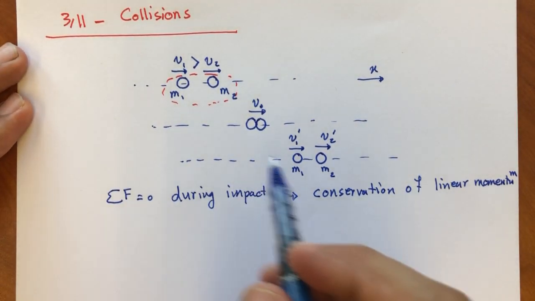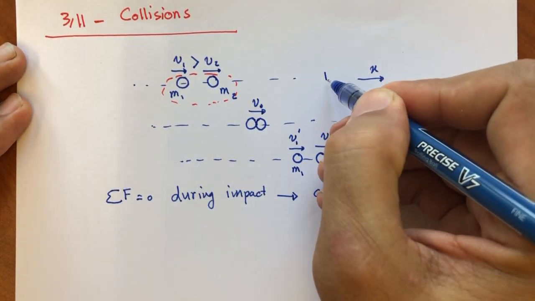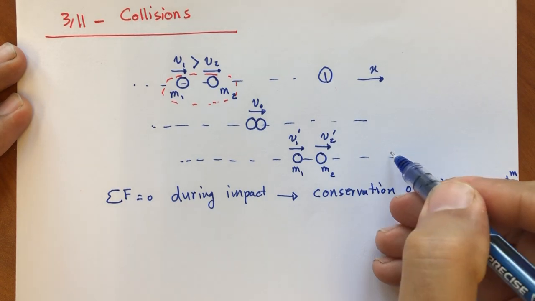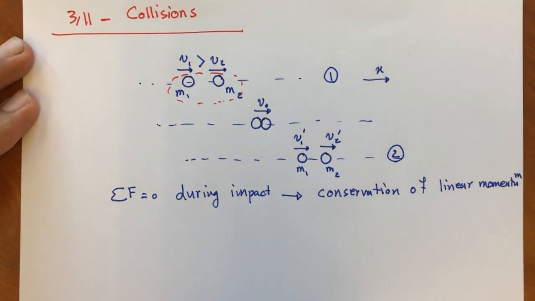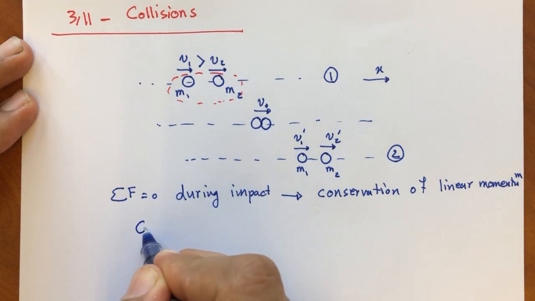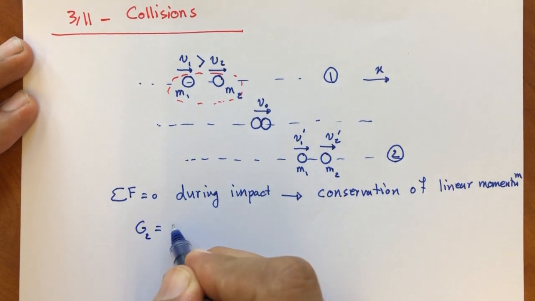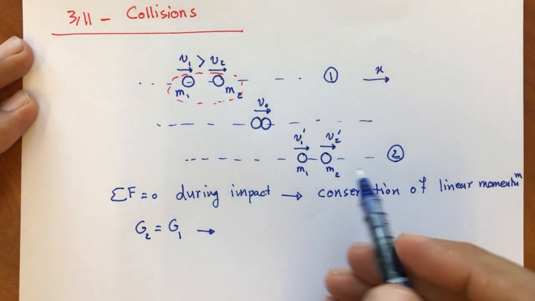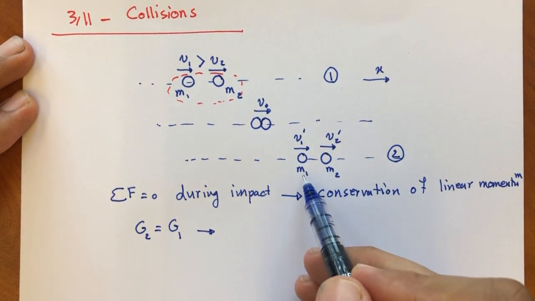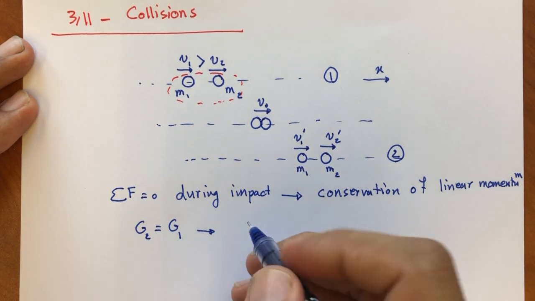So because we have conservation of linear momentum, the linear momentum between 1 and 2 before and after impact is going to be the same. So G2 is equal to G1. And G2, the linear momentum after impact, is each mass times the velocity of it.